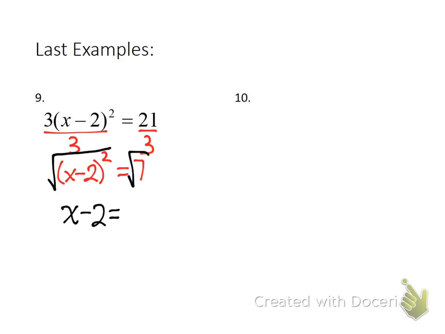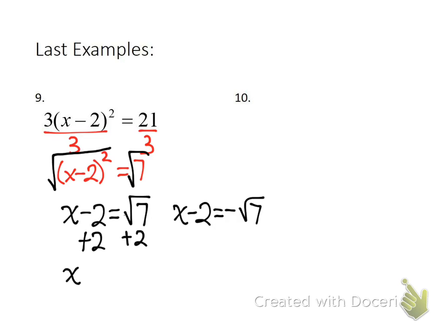So we have x minus 2 equals the square root of 7, or x minus 2 equals negative square root of 7, not 2, 7. And then how are we going to get x by itself? Add 2 to both sides.